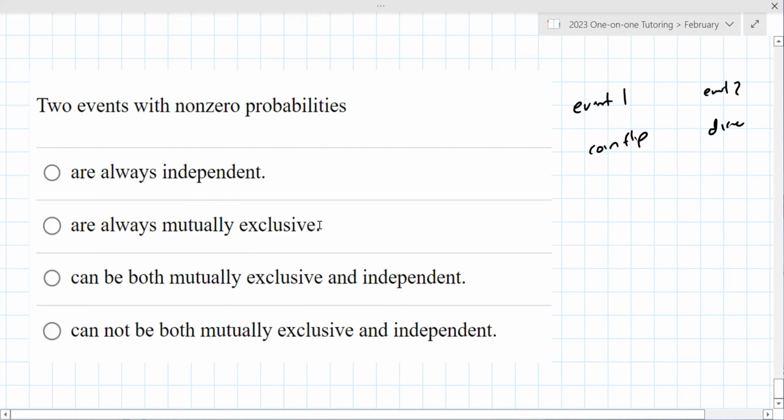Mutually exclusive is that there's no overlap between them. And I used to use certain examples here, but the best one I think of right now would be a light being on or off. There's only two possibilities.